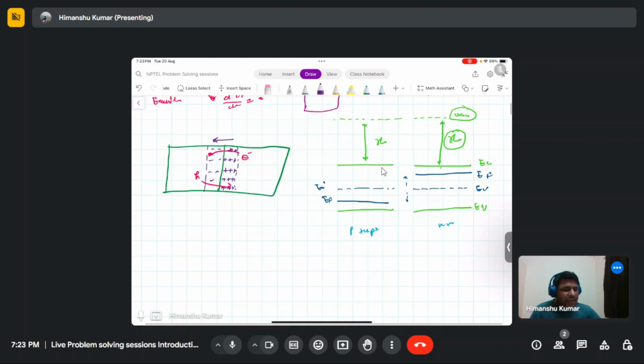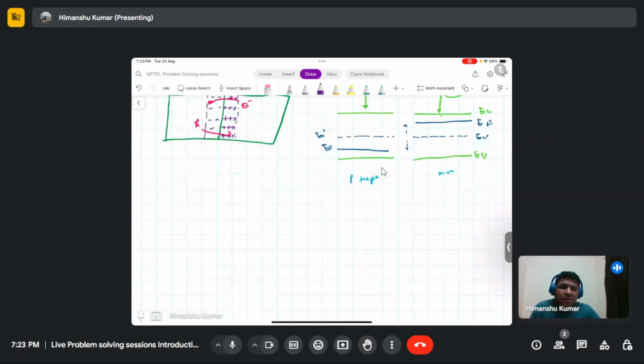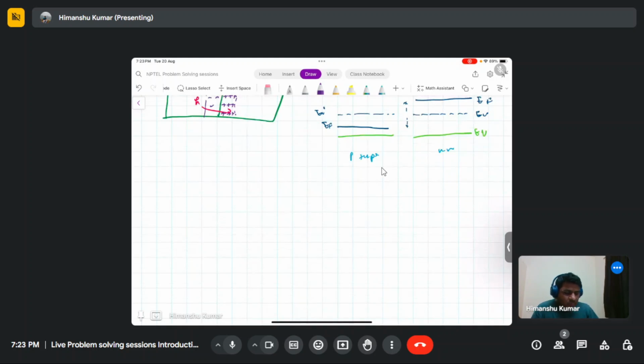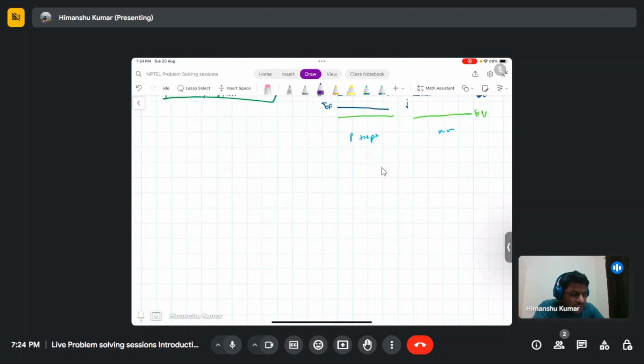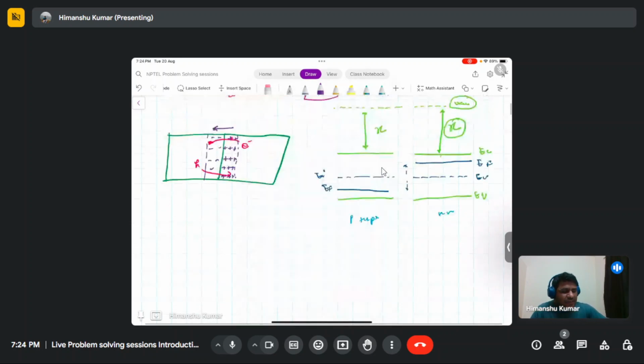In equilibrium, the Fermi level or chemical potential aligns, and you can draw the band diagram based on that. This was the band diagram without contact.